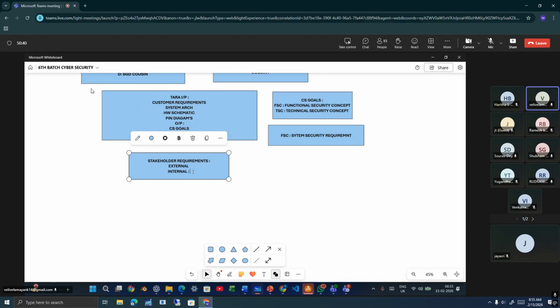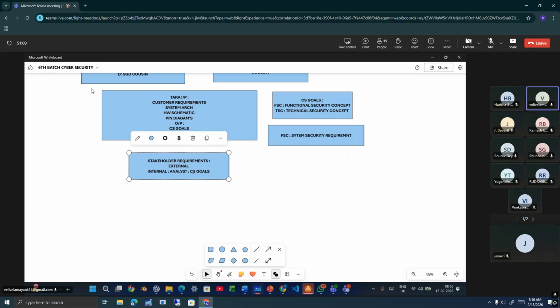In our group, in our 15 members, some group people are the owners for internal stakeholder requirements. System architects, Anand. Security analyst guys, they will give you the cybersecurity goals.